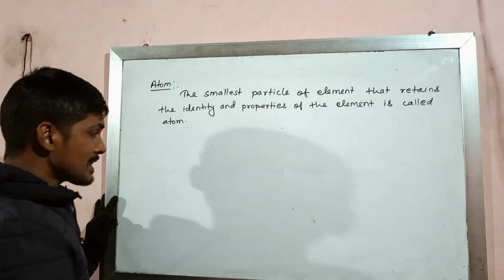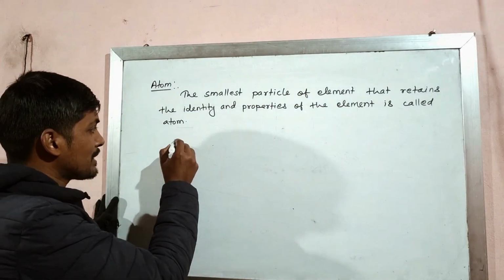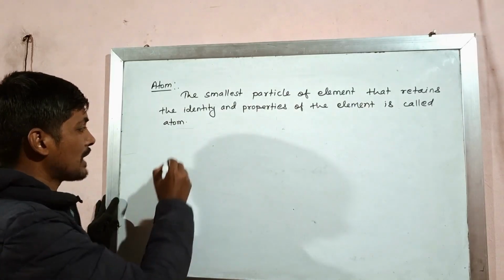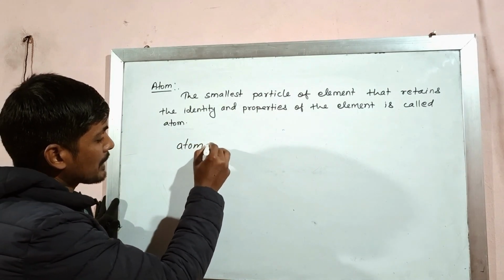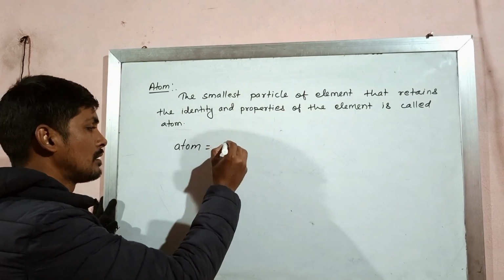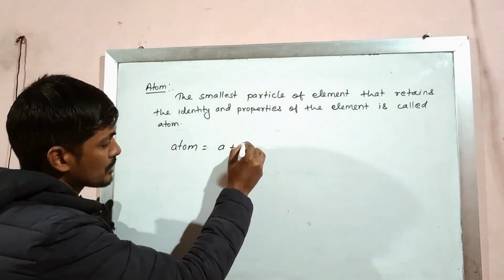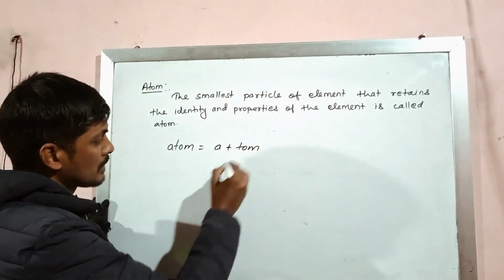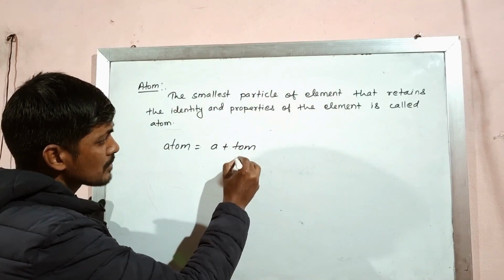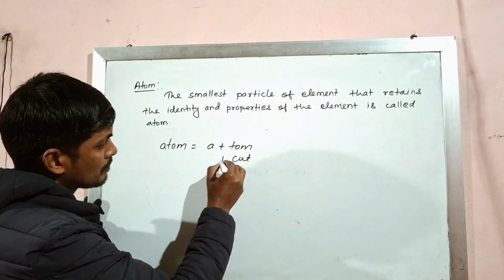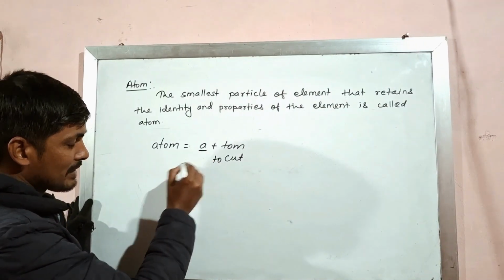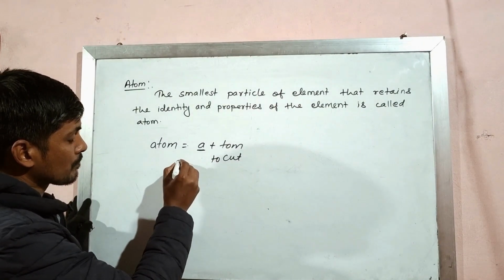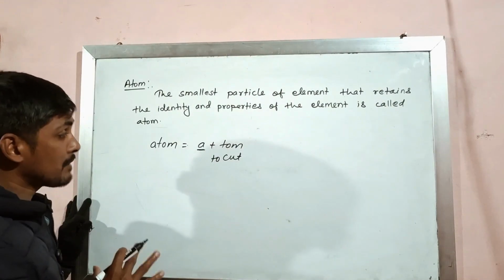So the word atom is actually derived from the Latin, which means here atom can be divided into a plus tum. Here tum means to cut, and whenever we add a, it means the negative meaning.